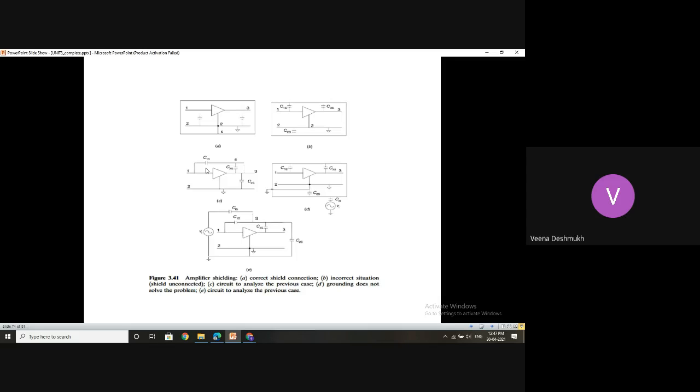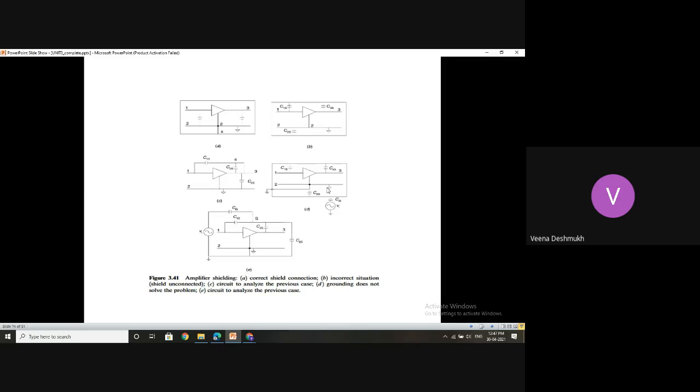Now what is the proper way to ground the shield? One way is simple: this and this have to be connected. The second way is, if the circuit is too big or the shield is too big, only one ground may not be sufficient.